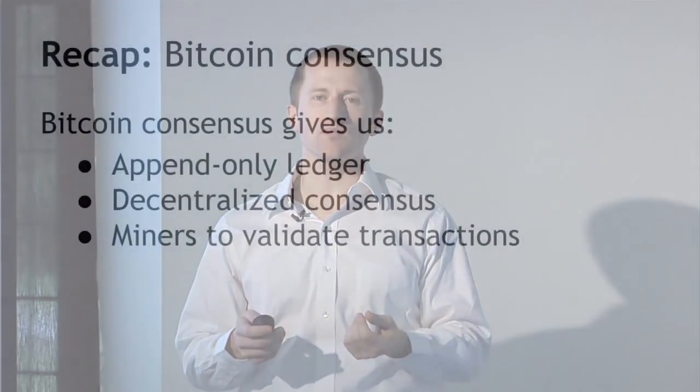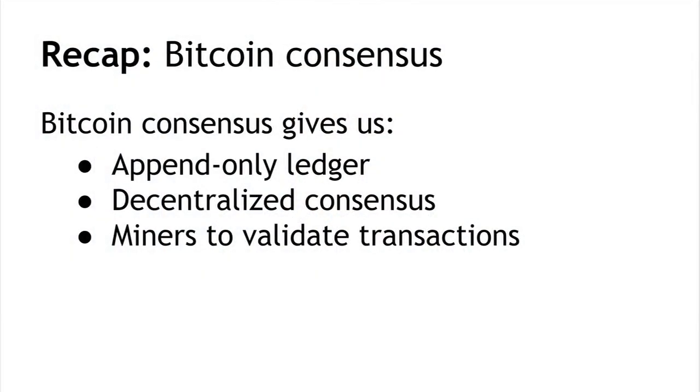So to recap where we left off last time, the Bitcoin consensus mechanism gives us an append-only ledger. So a data structure that we can only write to, and once data is written, it's there forever. And there's a decentralized protocol for establishing consensus about the value of that ledger.